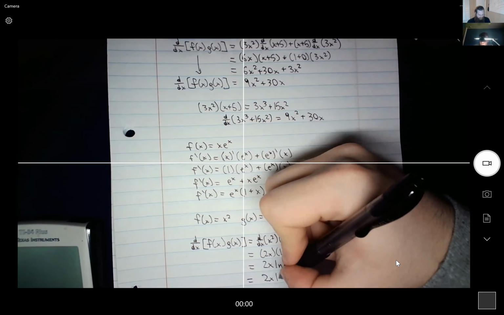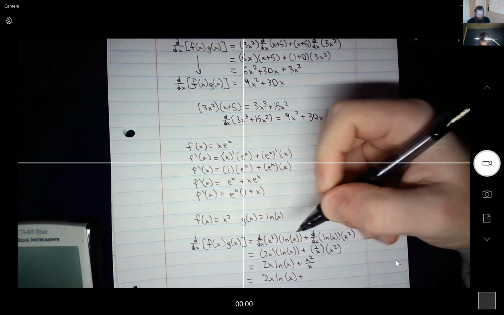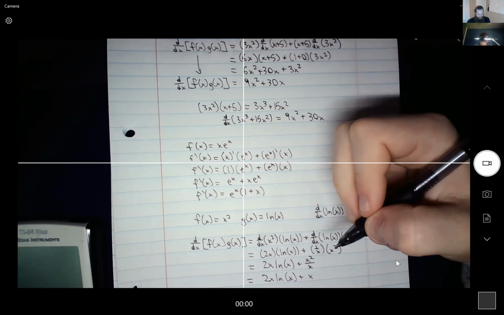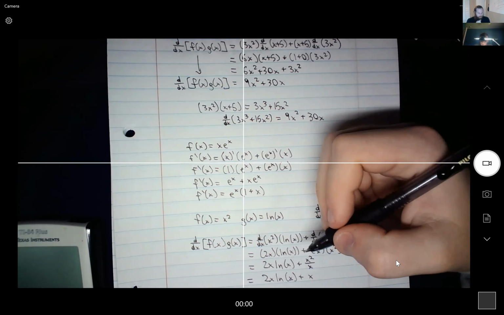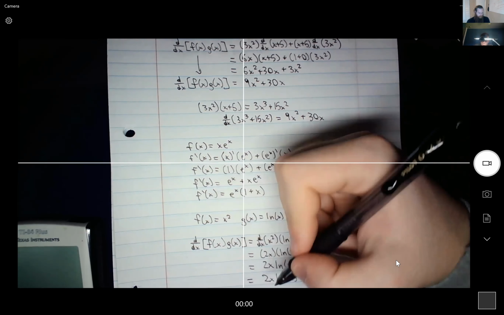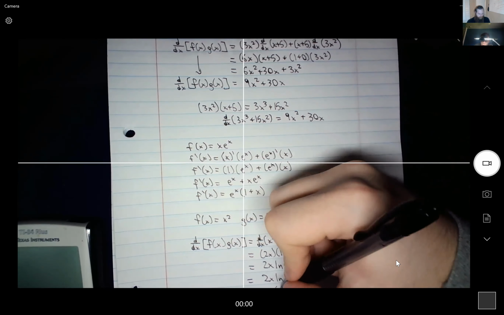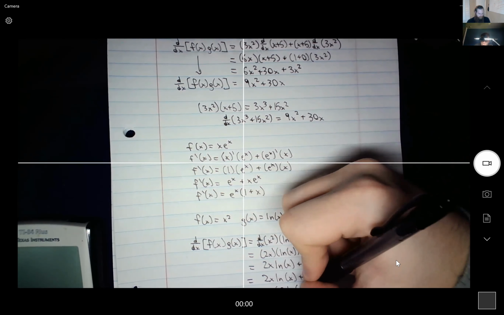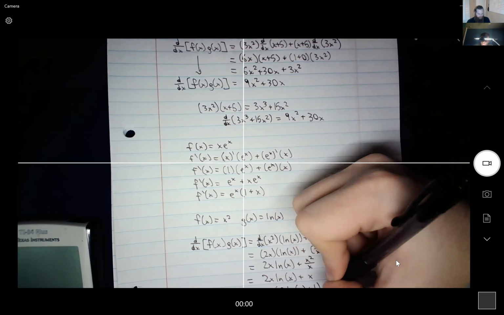You can divide that, so x squared divided by x is x. You can factor out an x from these, so you get x times (2 ln of x plus 1).